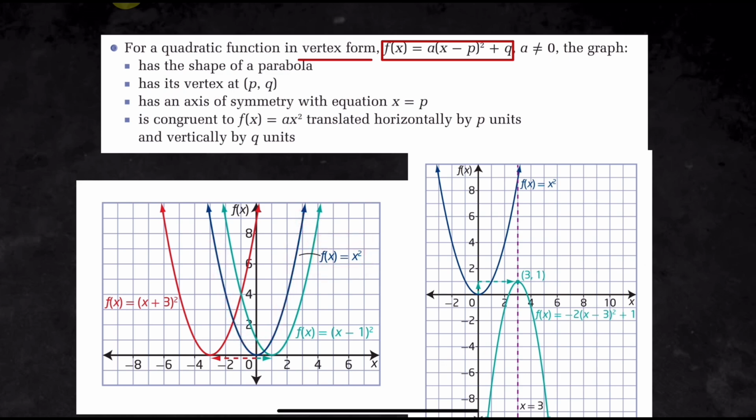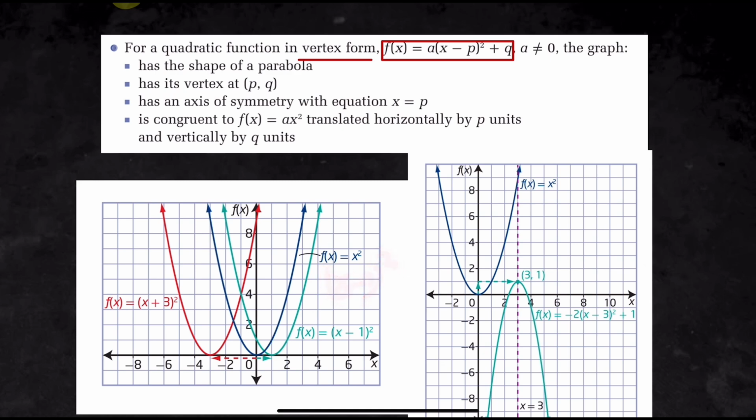Okay, and if we want to shift this function to the right side, I should just have my p here inside the parentheses with x. For example, I want to shift my x squared 1 unit to the right side, so I should change my x to be (x minus 1) squared. That's the only thing I need to change.